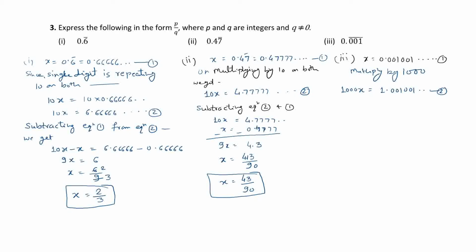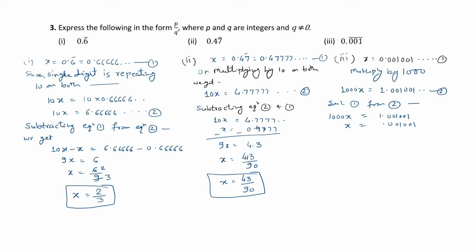So again, subtracting equation number 1 from equation number 2, we get 1000x minus x equal to 1.001001 and so on minus 0.001001 and so on.